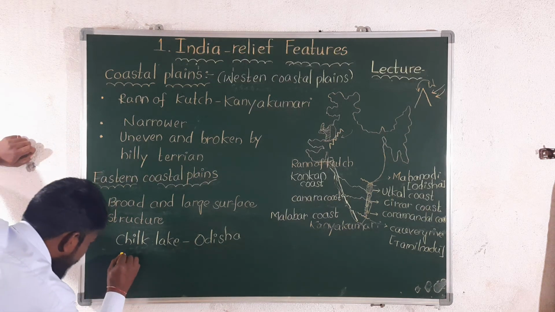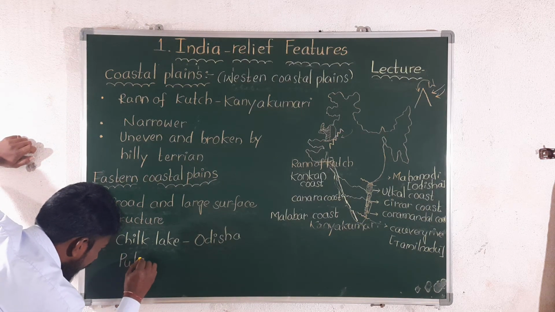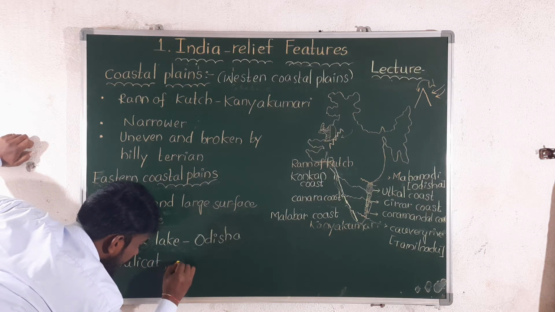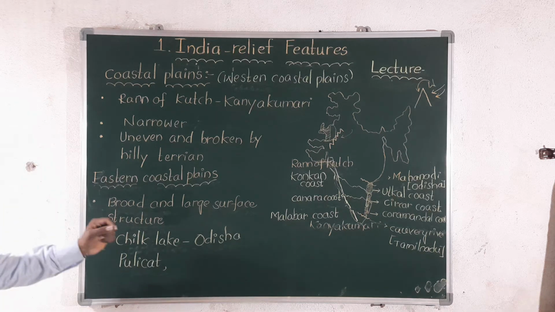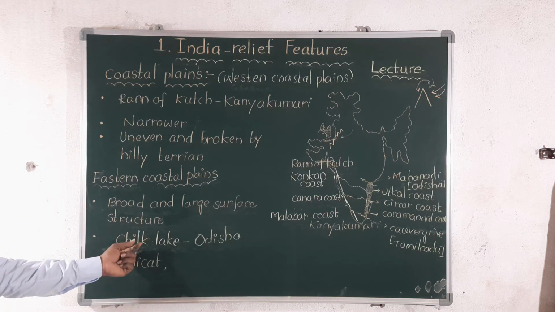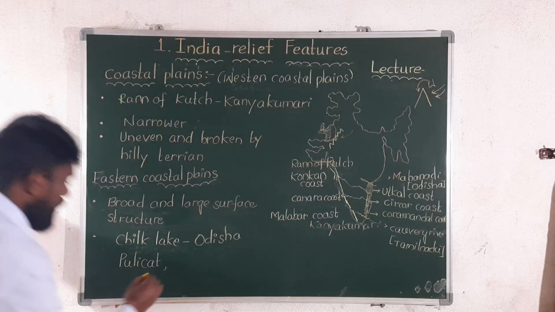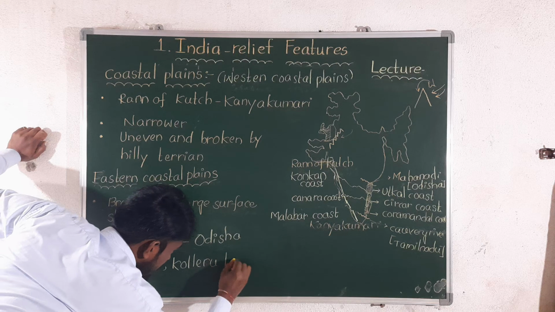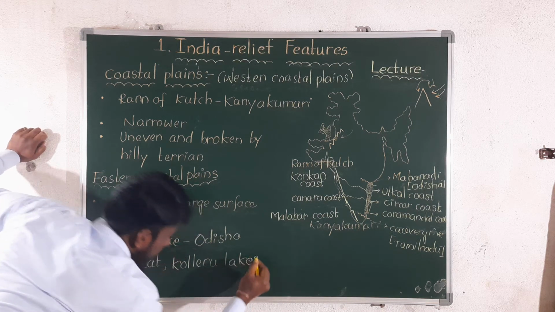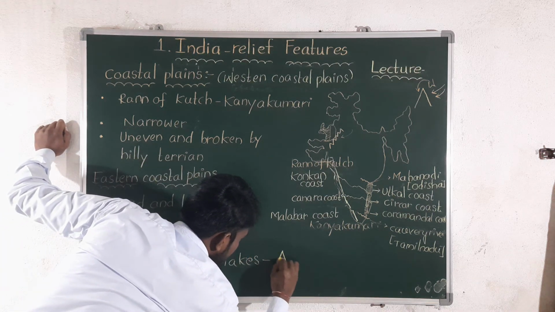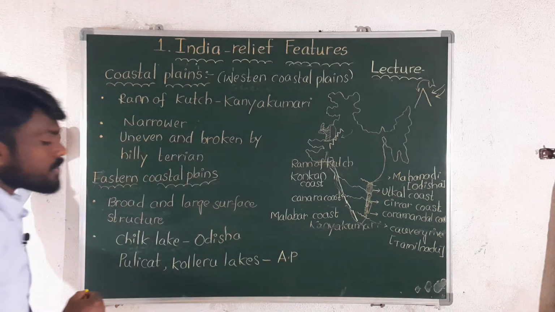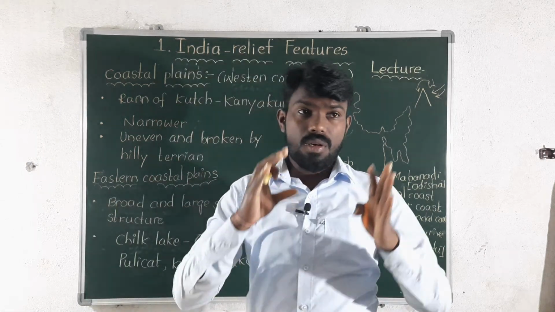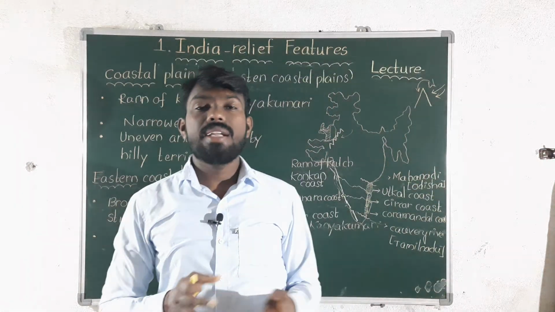The next ones are Pulicat and Kolleru lakes. These are very prominent and important lakes in the eastern coastal plains, and these two are in Andhra Pradesh. So that is about the Thar Desert and the coastal plains.